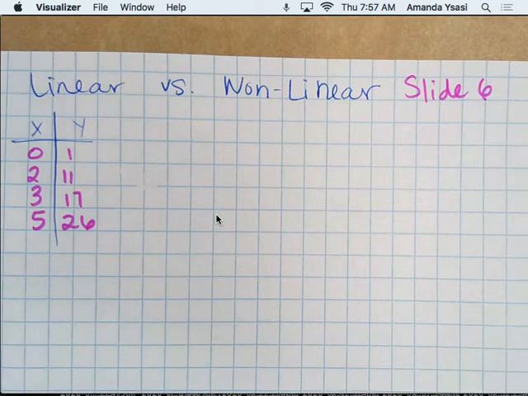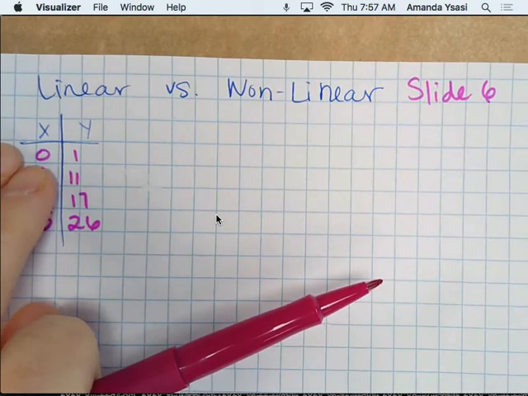To be linear, it has to go up by a constant rate, and it also has to form a straight line whenever you graph it. So what could we do to determine if this is linear or nonlinear? We could see if it goes up by a constant rate.